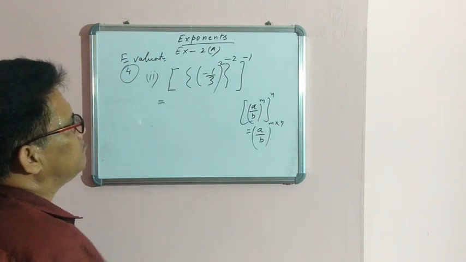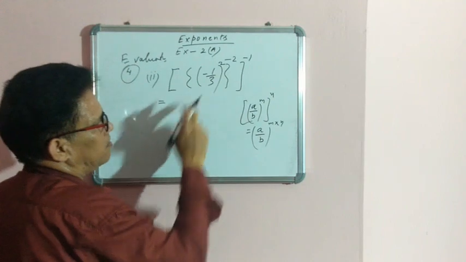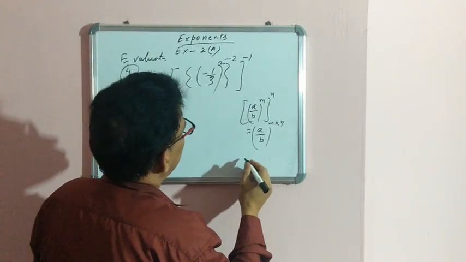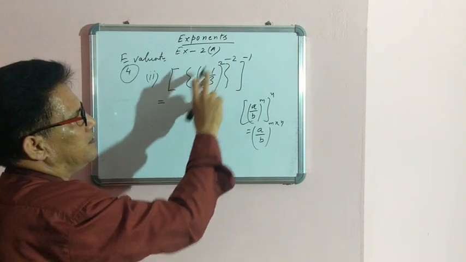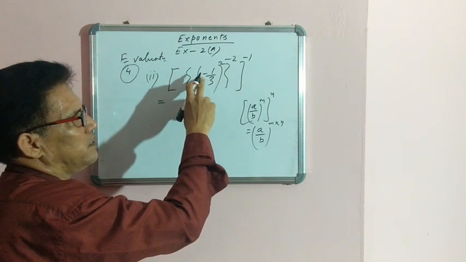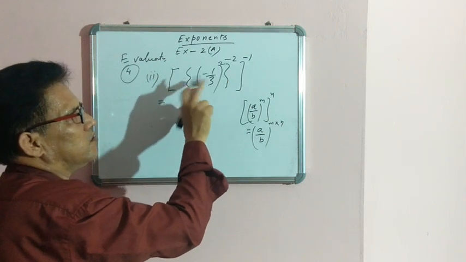But you can see that when the power is even, then the negative sign need not be written. When the power is odd, the negative sign will come.